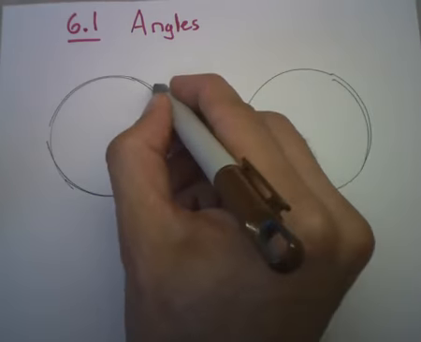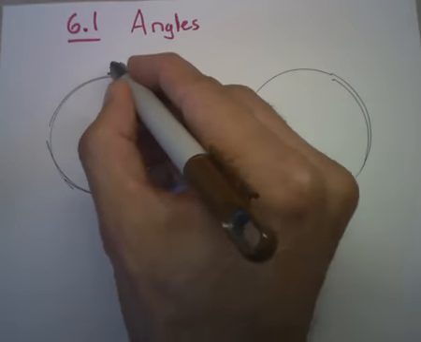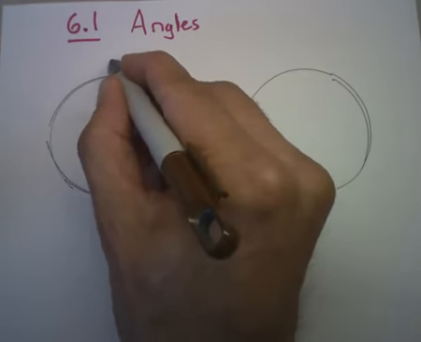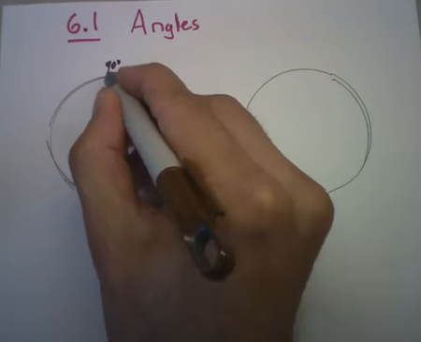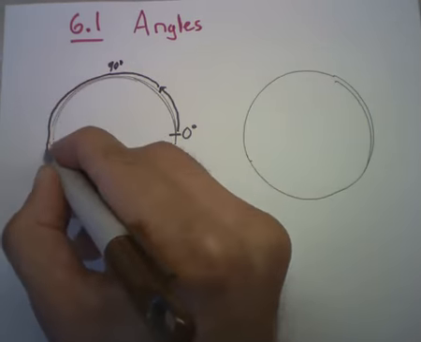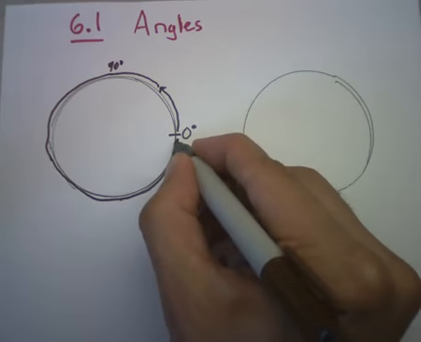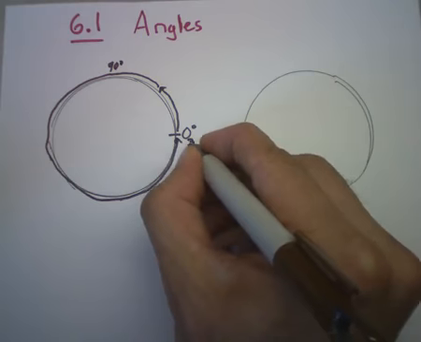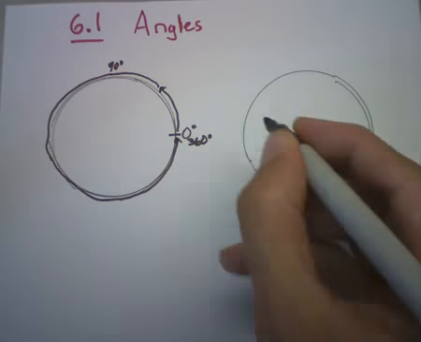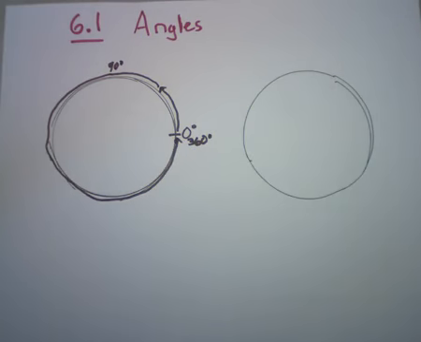So as we continue to move around the circle, we get to 90 degrees and continue to move around. And by the time we've gotten all the way around, we're back to the beginning, which is 0 degrees, but also known as 360 degrees.